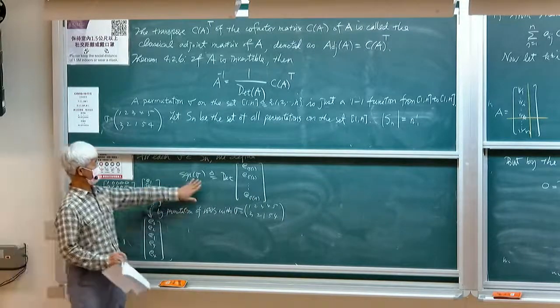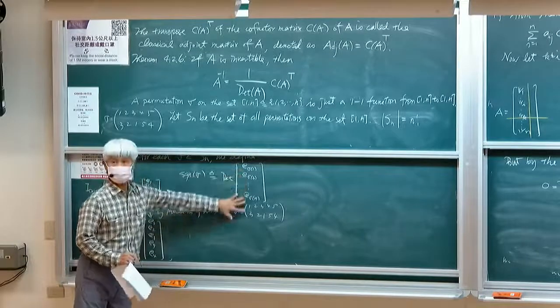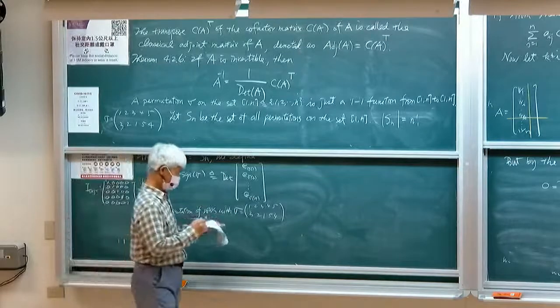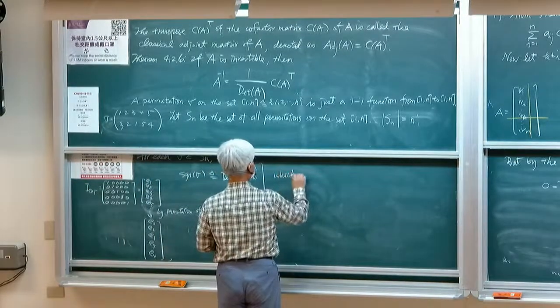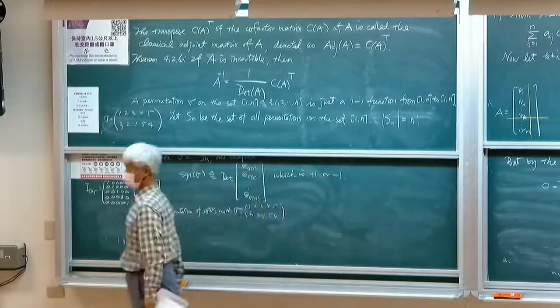So the determinant is +1 or -1, which is why it's called a sign.